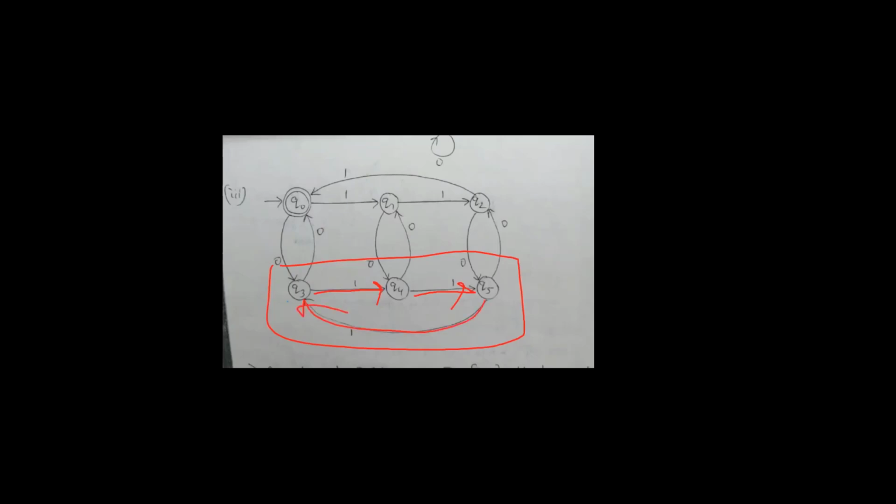But in this case, don't make Q3 a final state because it is an intermediate scenario. This scenario will come when the number of ones is divisible by 3 in an intermediate condition. Okay, but ultimately you have to reach this one.